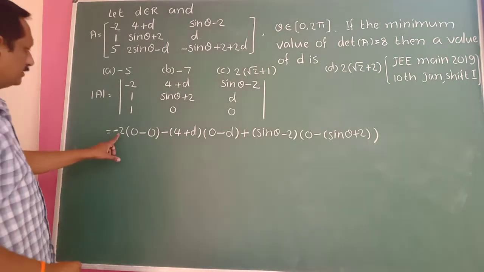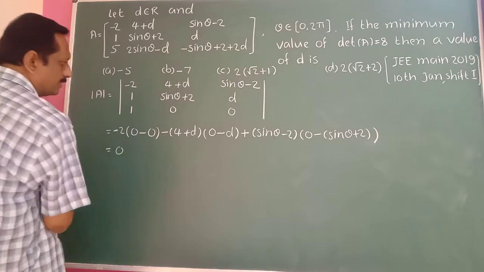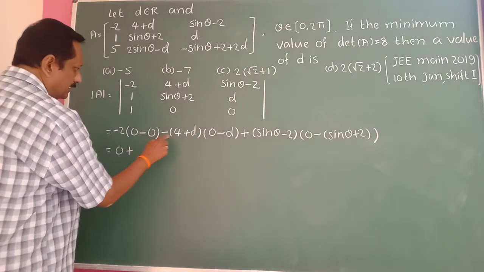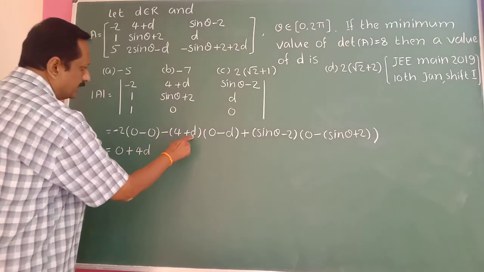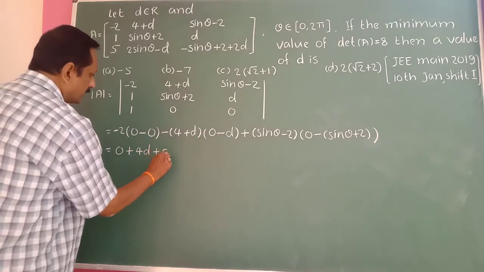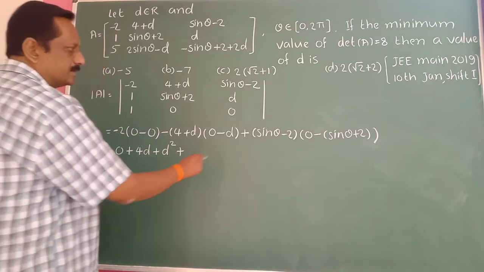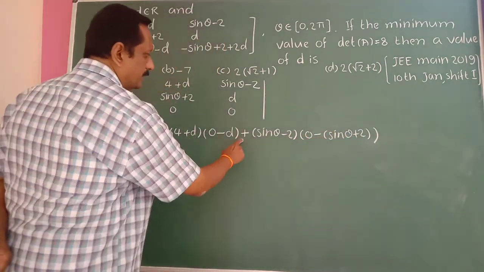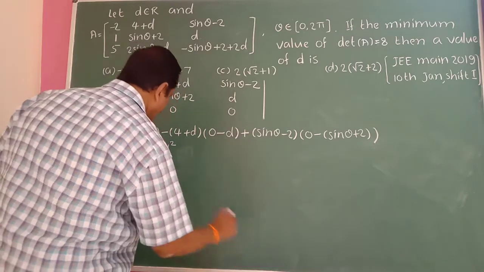Therefore minus 2 into this 0 becomes 0. Complete this becomes 0. Minus into minus becomes plus. So write a plus 4 into d becomes 4d. Then d into d becomes d square, plus d square. Then plus here, sin theta minus 2 into minus of sin theta plus 2. Plus into minus becomes a minus here. So this becomes a minus.